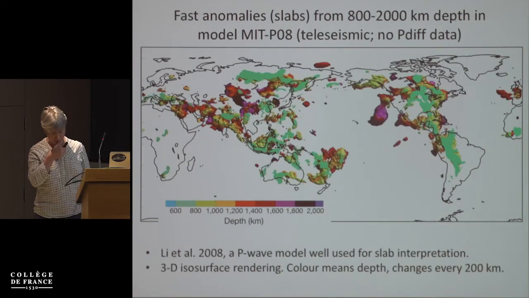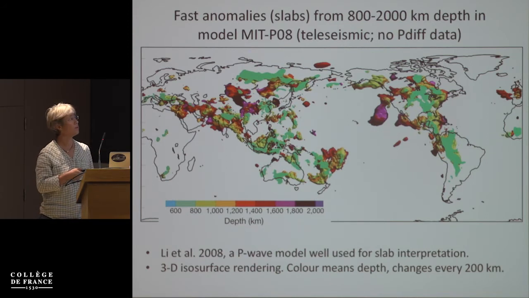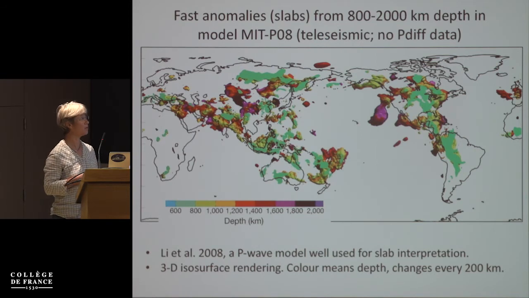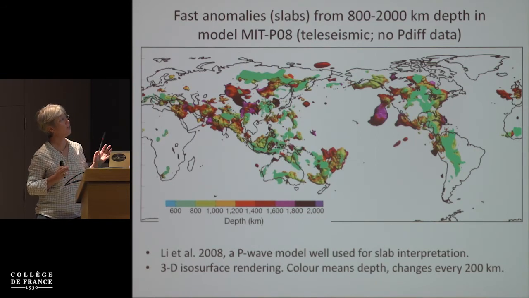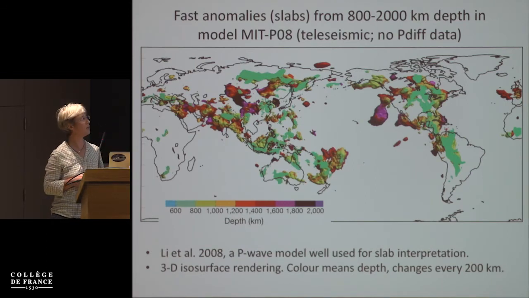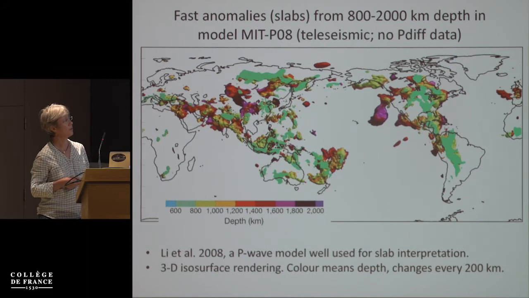However, if we want to look at the differences, here I've taken the MIT model, which has been much used to interpret subducted material in terms of paleo trenches. And here I'm contouring in 3D all the seismically fast material. So that's slab at these depths in the middle third of the mantle. And now color is depth, so it changes every 200 kilometers.